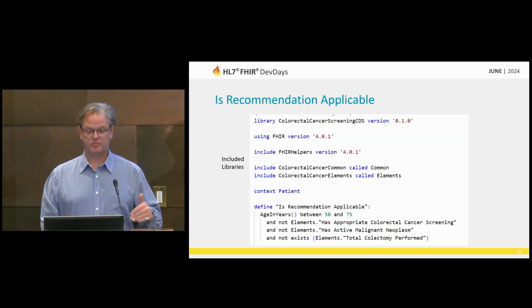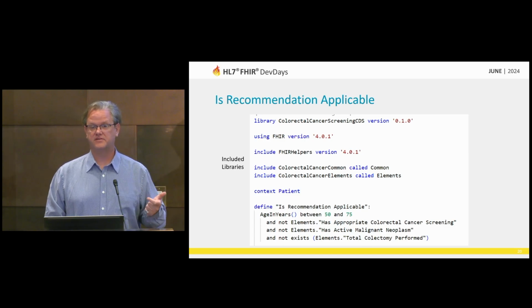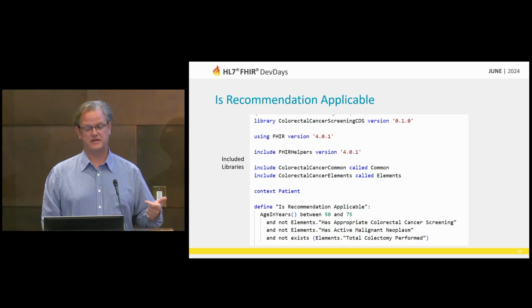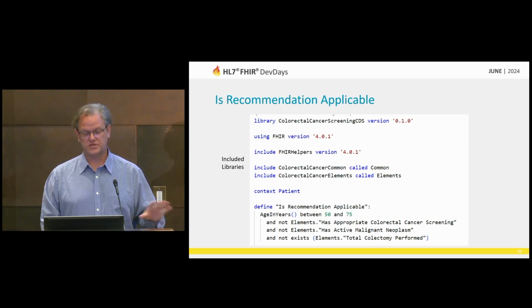The next kind of bullet here is the included libraries. So we are including FHIR helpers, which is a set of functions that help you translate between FHIR types and CQL types. Mostly those happen automatically. But you can include any number of libraries by their version, optionally by their version.